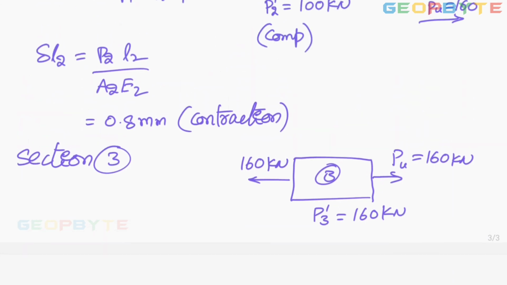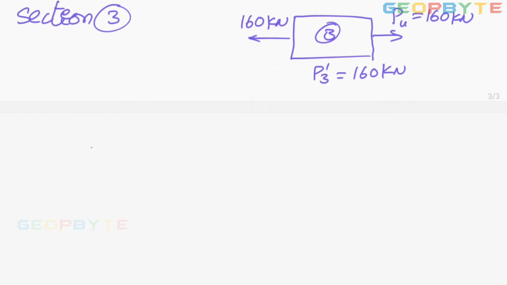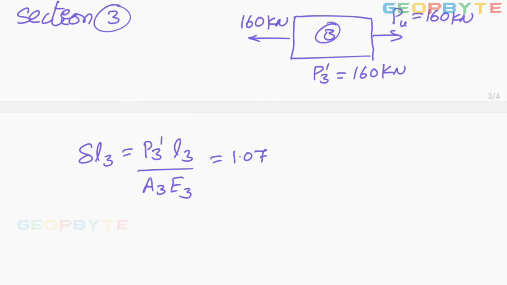For section 2 also we have written P2 dash. Now change in length for section 3, P3 dash L3 by A3 E3. You put all the values for getting 1.07. Since the load is acting away from the ends, this is a positive change in length, I can say the elongation.